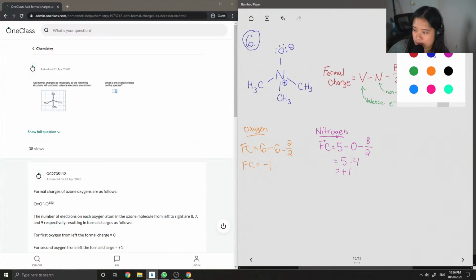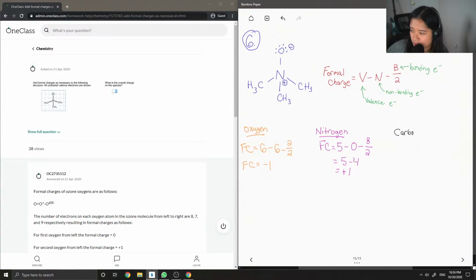So everything makes sense so far, but I'm also going to do the formal charge of carbon just for good measure. So for carbon, there are 4 valence electrons. There are no non-bonding electrons. And then the number of bonds to carbon are 4, so there are 8 bonding electrons involved divided by 2.